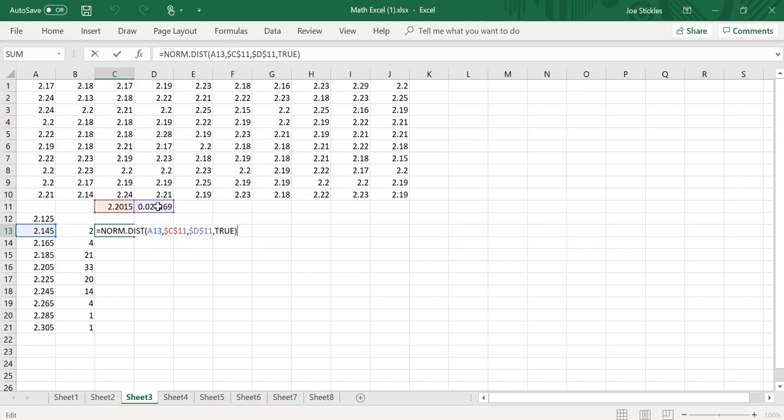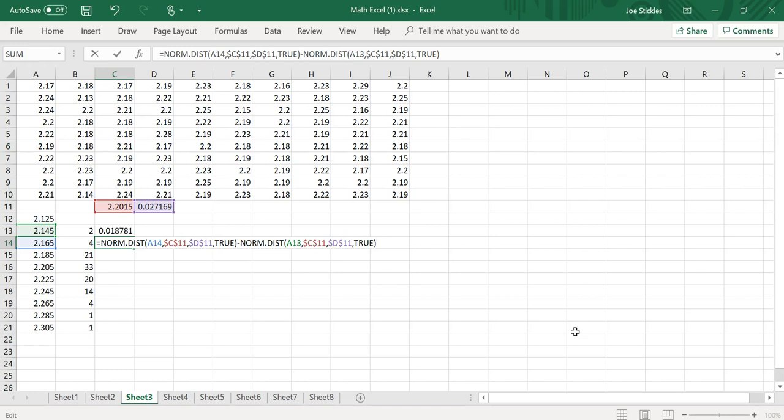That gives me the probability that things are less than 2.145. In the next one, I want the same thing with A14. That will give me everything less than the A14 value, but I want to subtract off everything less than the A13 value. That's why I copied it. The first probability is for everything less than 2.145.